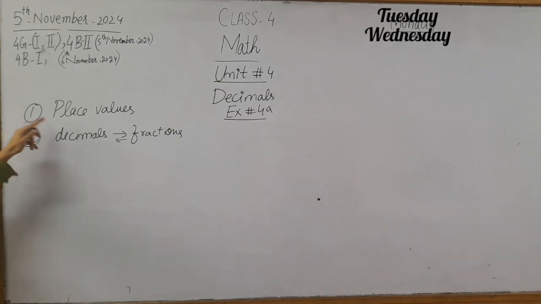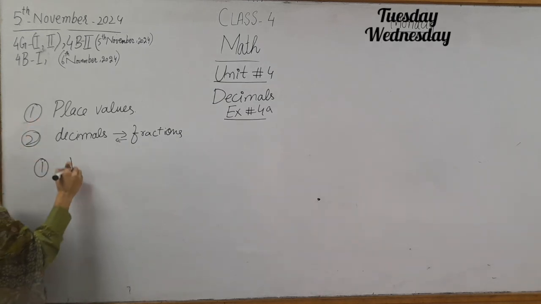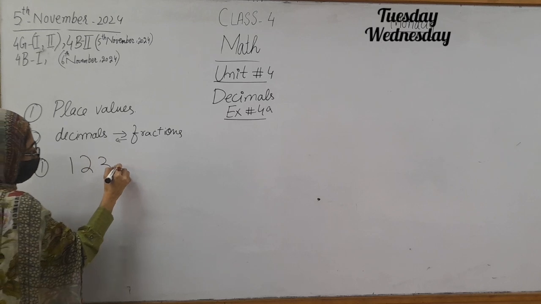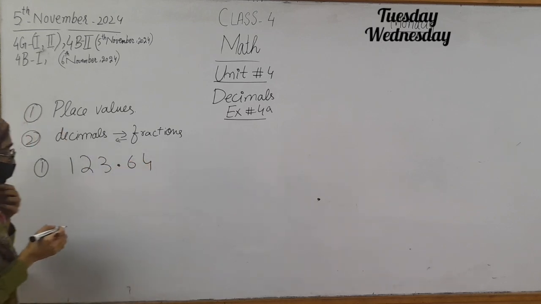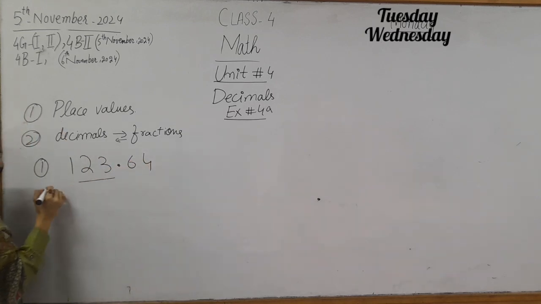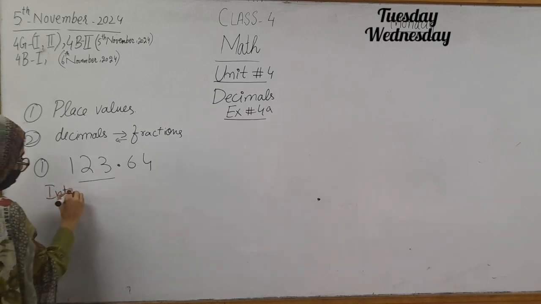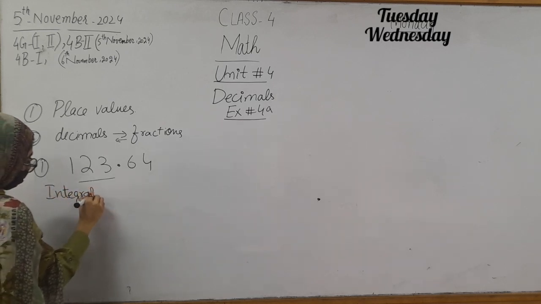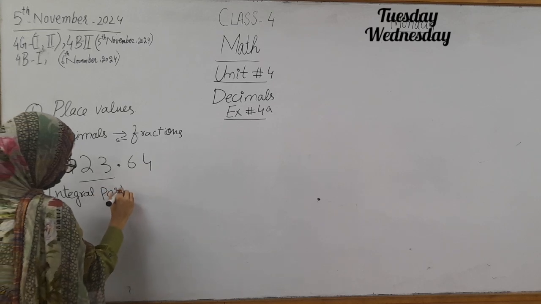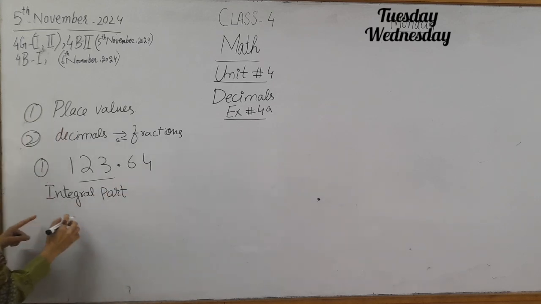So, in the place value table, we have the value 123.64. This is called the integral part, meaning the basic part.